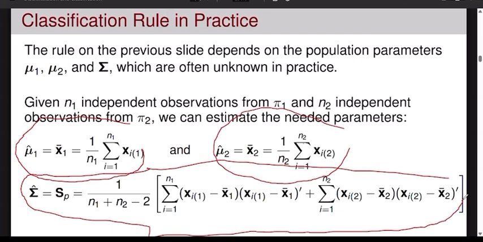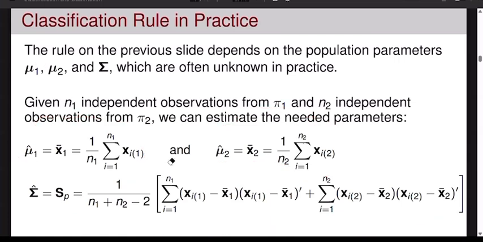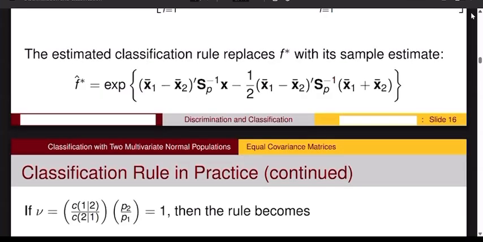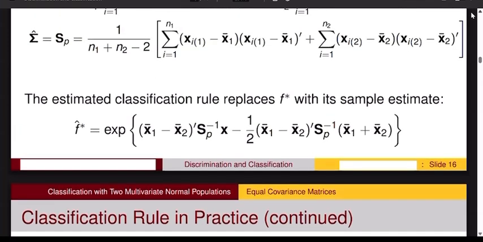This is when you're working with a sample. Now I'm going to keep on moving. Now you understand how to go about that. Please pay attention. At the end of the day, the estimated classification rule will replace F star with a sample estimate, as this guy here.